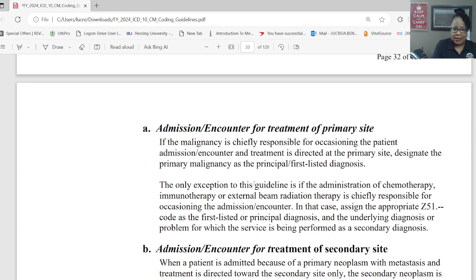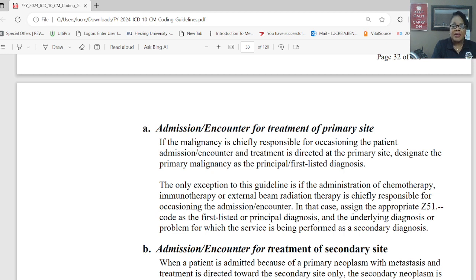The only exception to this guideline is if the administration of chemotherapy, immunotherapy, or external beam radiation therapy is chiefly responsible for occasioning the admission or the encounter.